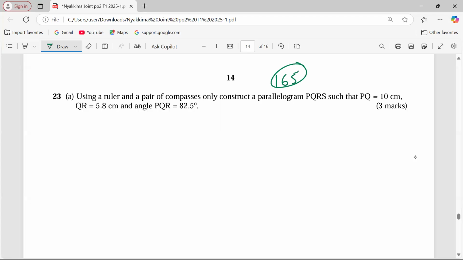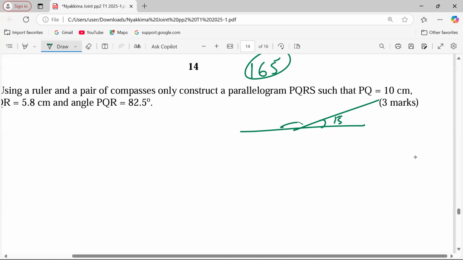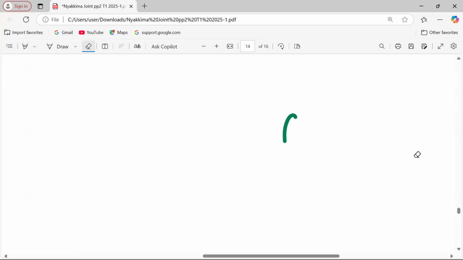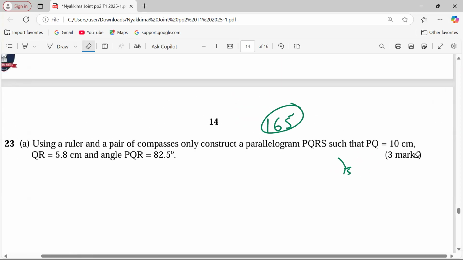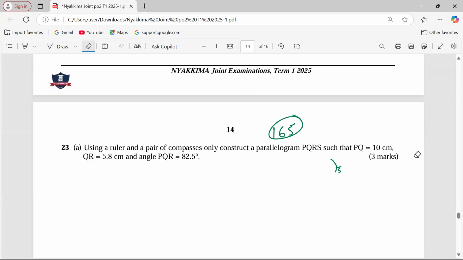And you see, with 180, when 15 is constructed here, the remaining angle is going to be 165 automatically. Therefore, we will be bisecting the 165 to get exactly 82.5. That is the knowledge that we're going to apply in this case.